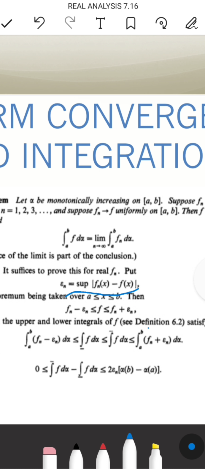Then we can write mod f_n(x) minus f(x) is less than epsilon_n, and mod f(x) minus f_n(x) is less than epsilon_n, because f_n converges to f uniformly. Combining these two inequalities, we can write f_n(x) minus epsilon_n is less than or equal to f(x), which is less than or equal to f_n(x) plus epsilon_n.